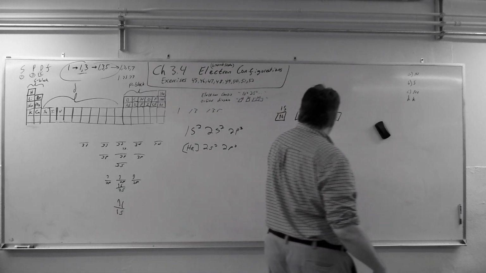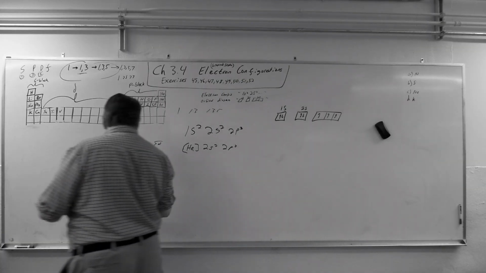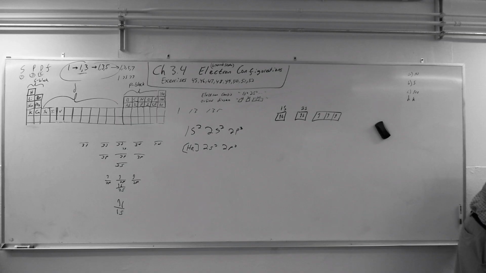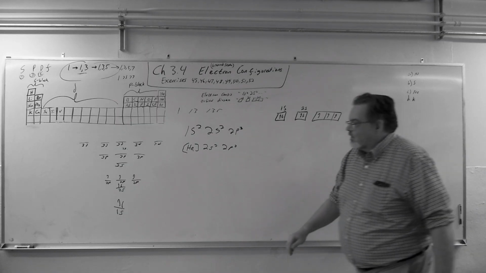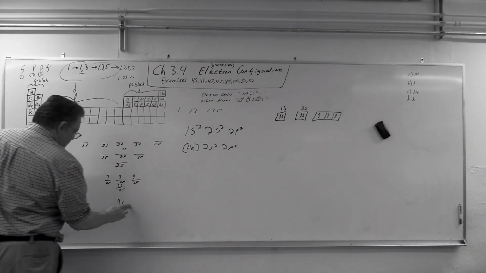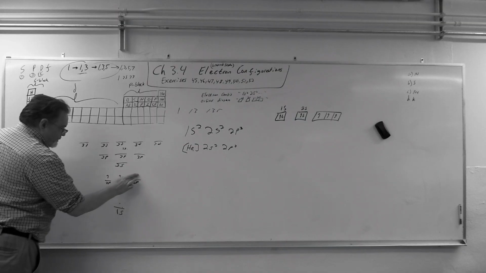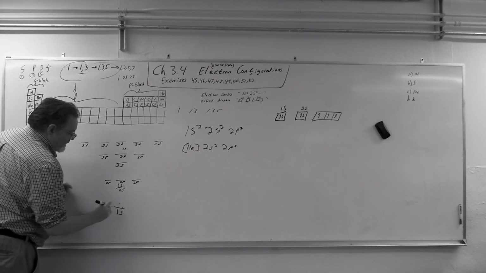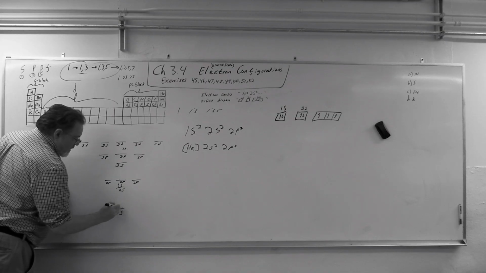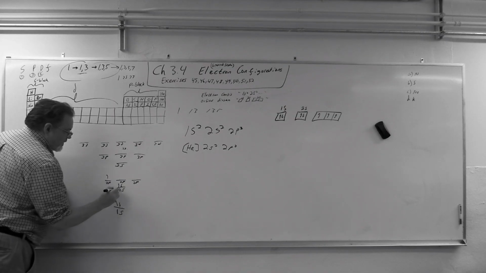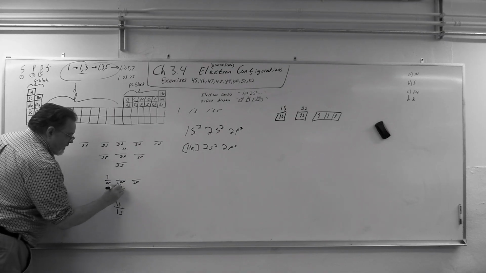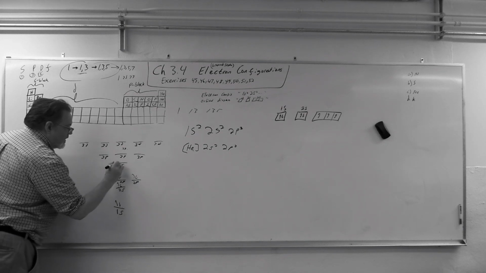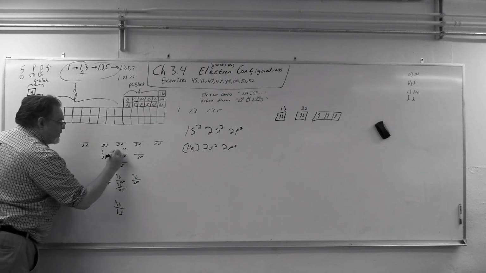Let's do, what if we did sulfur? What's the number for sulfur? 15. If it's 15, you're going 1, 2, 3, 4, 5, 6, 7, 8, 9, 10, 11, 12, 13, 14, 15.